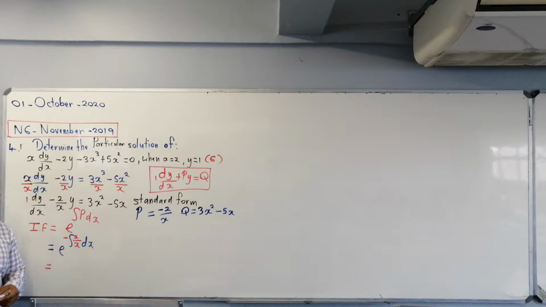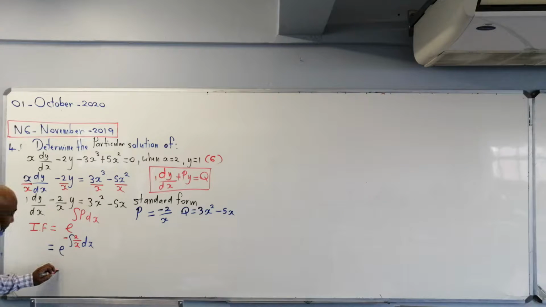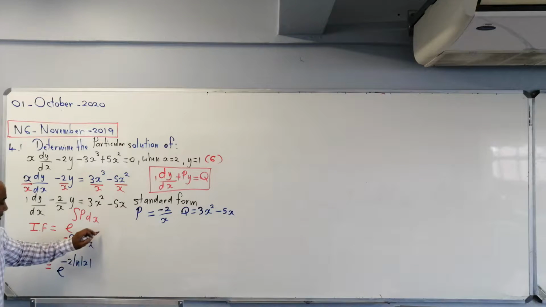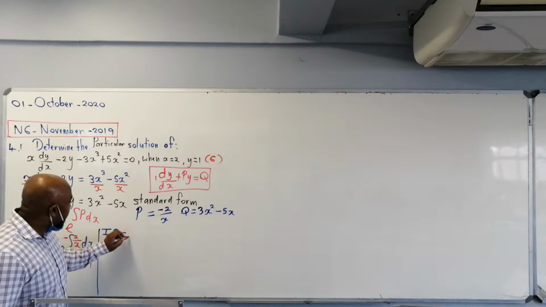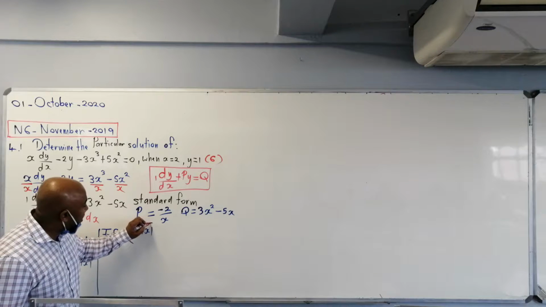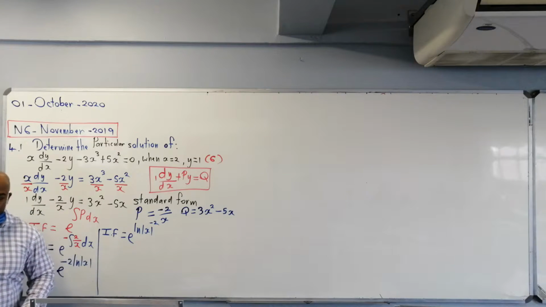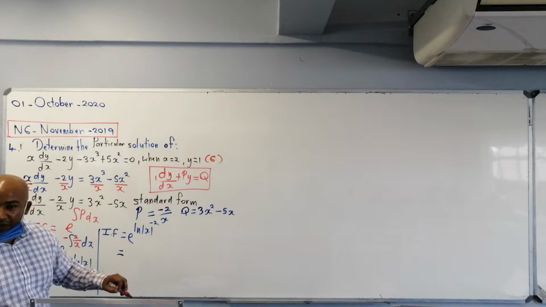Right, so now we can integrate. We've done one like this previously. So we integrate, that will be minus 2 ln absolute value of x. So therefore my integrating factor is equal to e to the power ln x to the power minus 2, which is the same as, you all know the log law, we've done it.